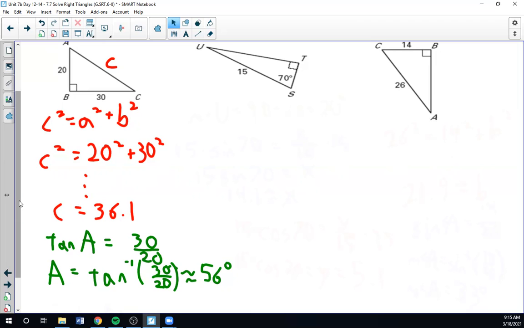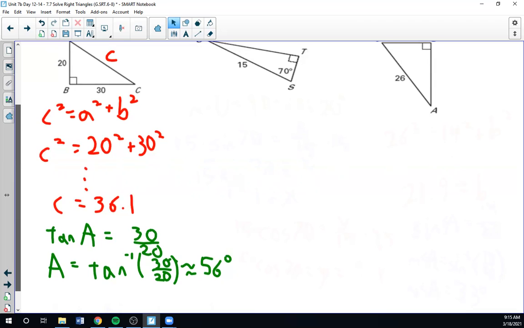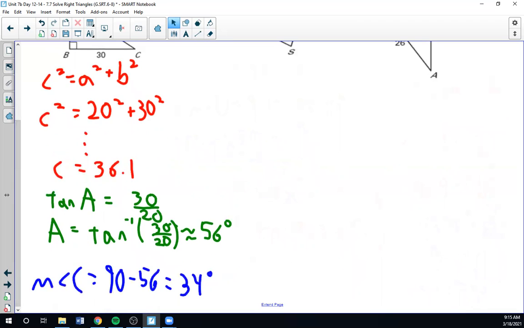Then, as soon as we have one of the angles, we can subtract from 90 to solve for the other. Remember, that's because all three of the angles have to add to 180. The right angle is already 90.